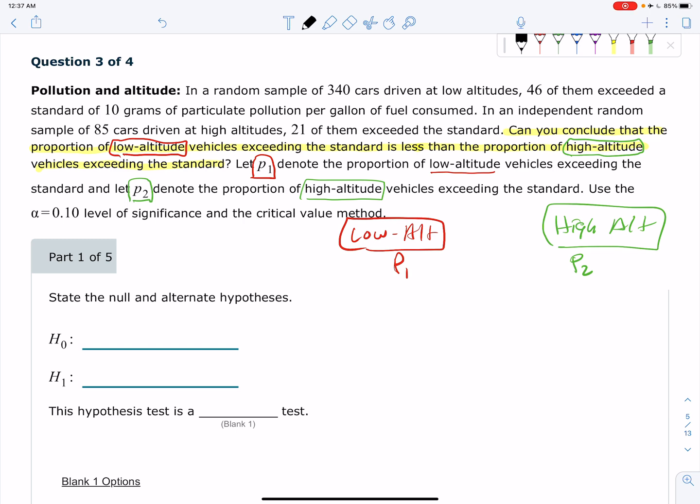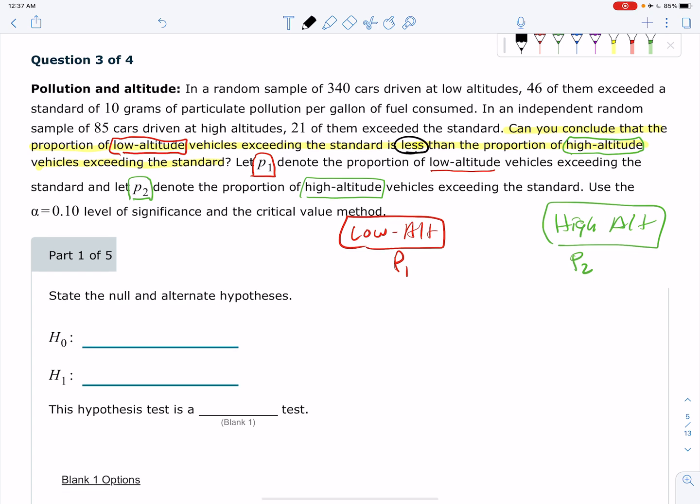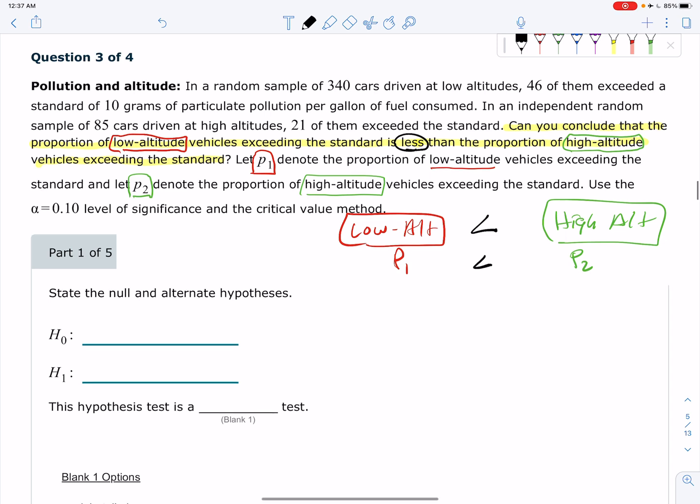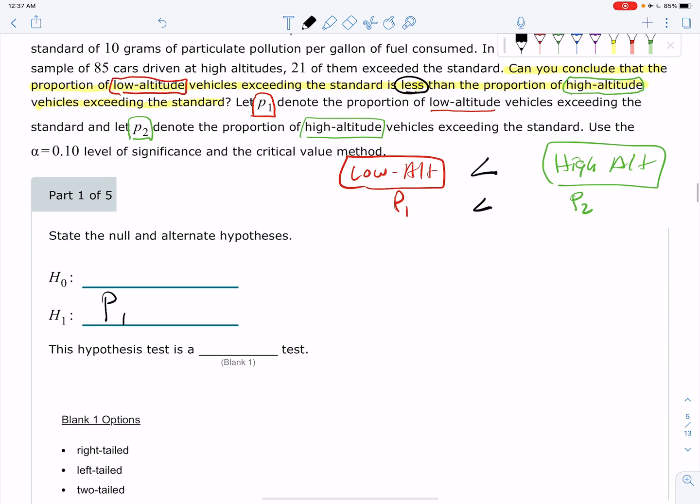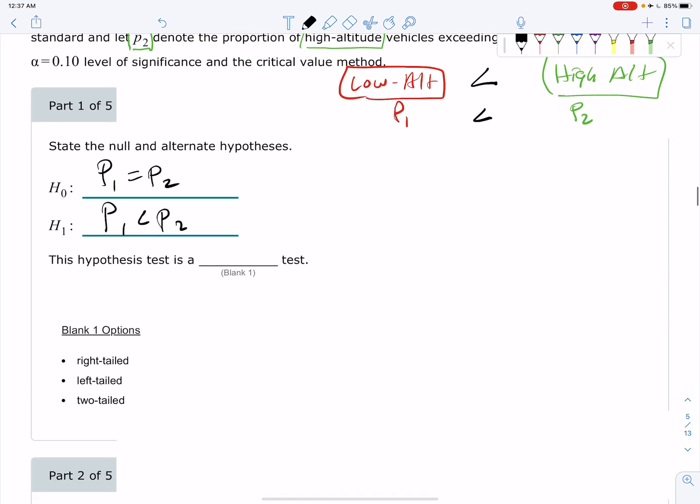And here's the critical piece: is less. There's the word I'm looking for. Can you conclude that the red low is less than the green high altitude vehicles? So there is our alternate: P sub 1 is less than P sub 2. And we also know that our assumption is P sub 1 equals P sub 2. And since it's a less than symbol, this is going to be a left-tailed test.